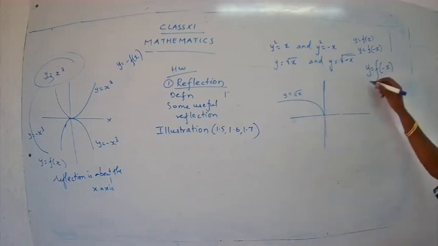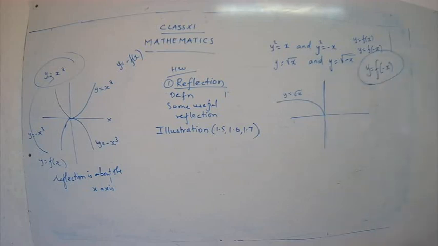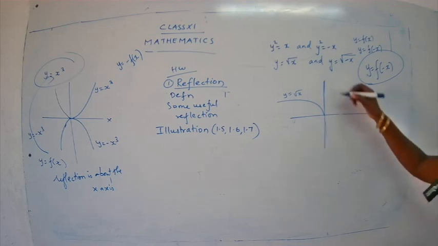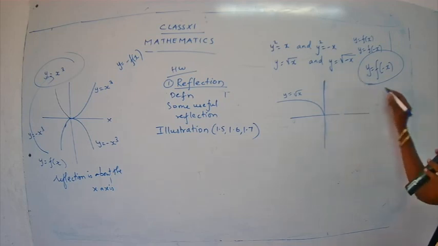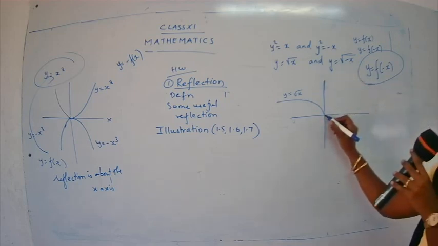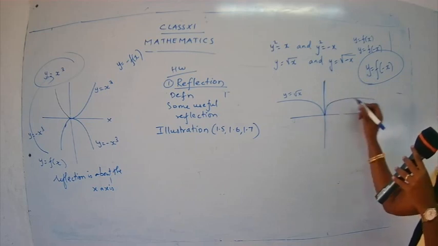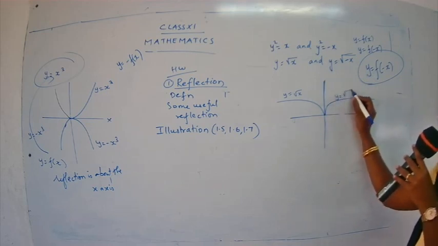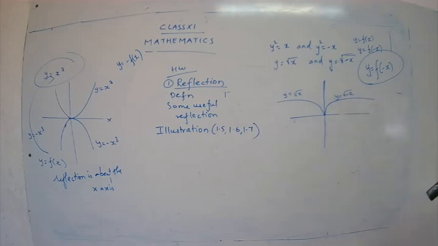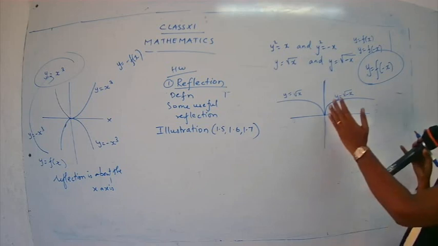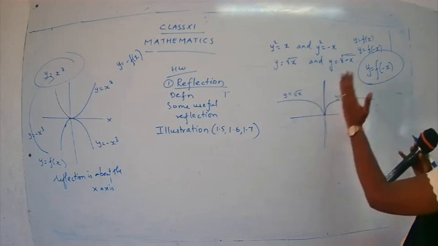If it comes downward, it means the reflection is about the x-axis. But now here you have a type of the function as f of minus x. So you have the reflection about the y-axis. So somewhat it comes like this. There is no need to plot any points, just a direct plotting of the graph, a direct transformation. So this is about the y-axis.